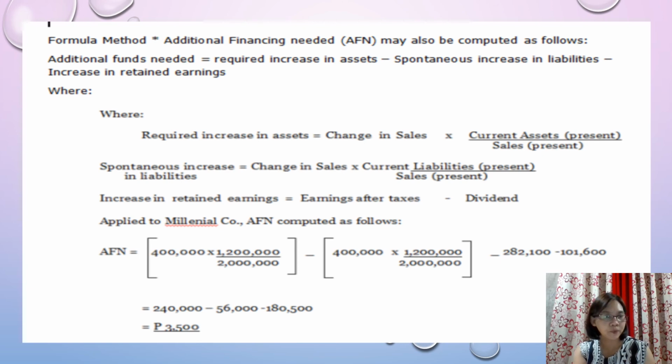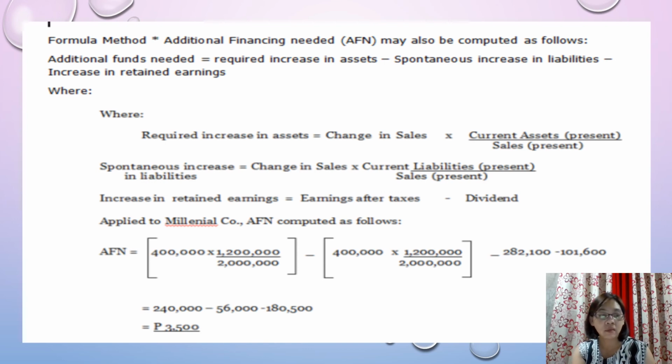Okay, so based po doon sa pag-forecast natin ng statement of financial position, lumabas po doon na yung additional financing is required. Okay, so how much po yun? 3,500. So, paano po nakuha yung 3,500?